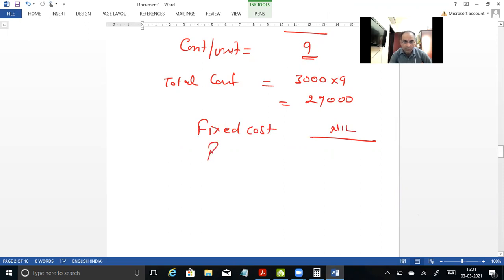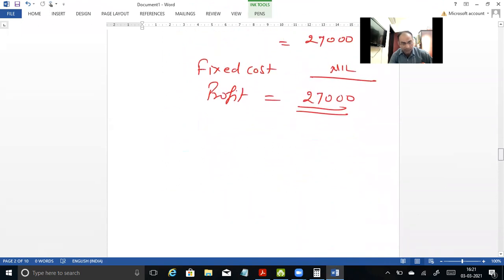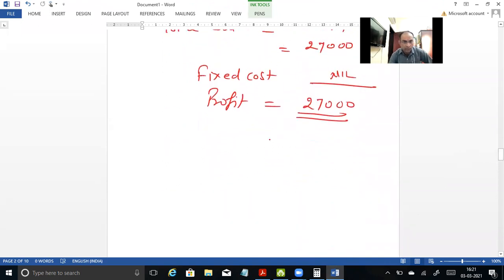So our profit from the foreign market would be 27,000 pure. It will change our overall profit. In the local market we were getting 8,000 rupees of profit. Now 27,000 extra from the foreign market. So total profit would be 8,000 plus 27,000, 35,000.